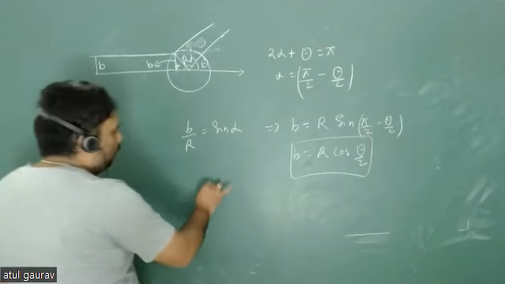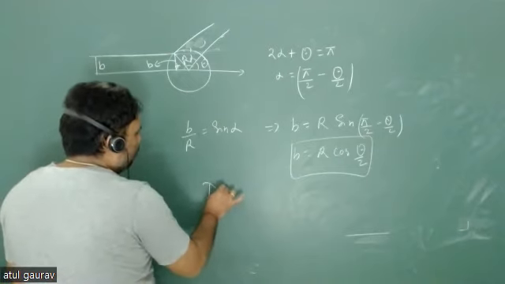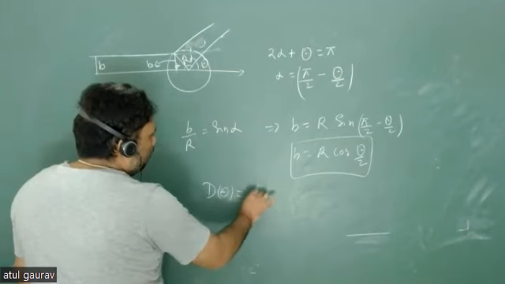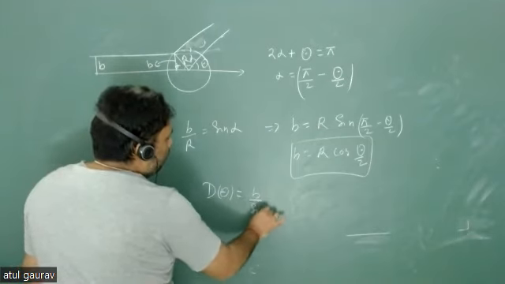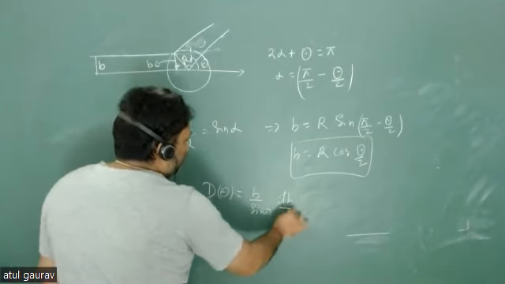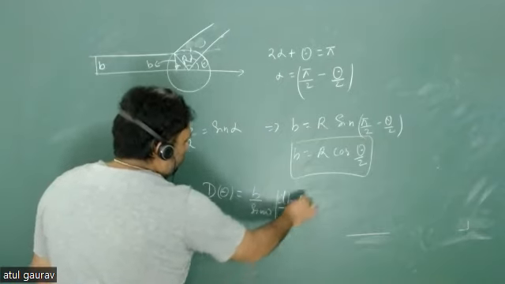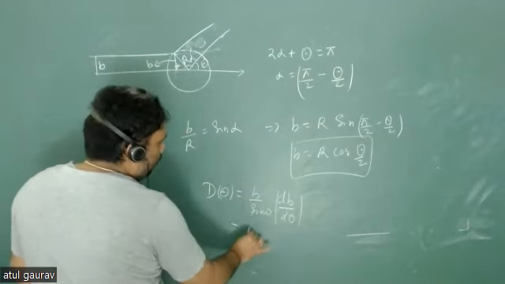Now you have to first go for the differential scattering cross section, that is b upon sin theta into db upon d theta. What is b?